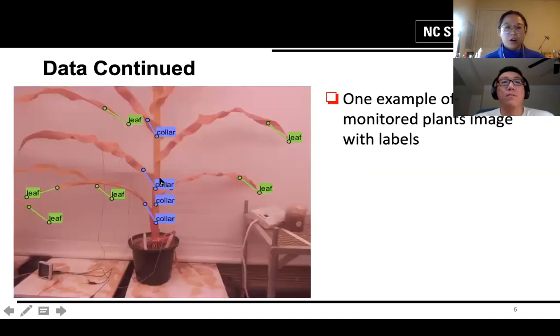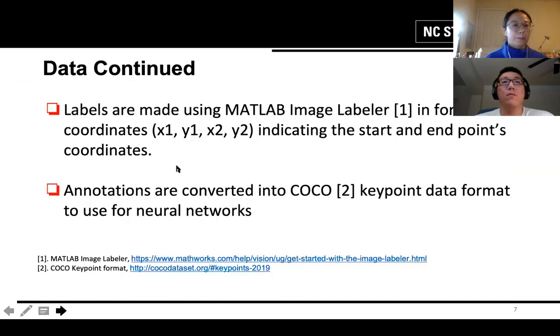Here is one example of a monitored plant image with labels, where the green lines indicate leaf tips and the purple represents the color. The labels from the previous example are made using the MATLAB Image Labeler in the format of coordinates indicating the start and end points of the square box.